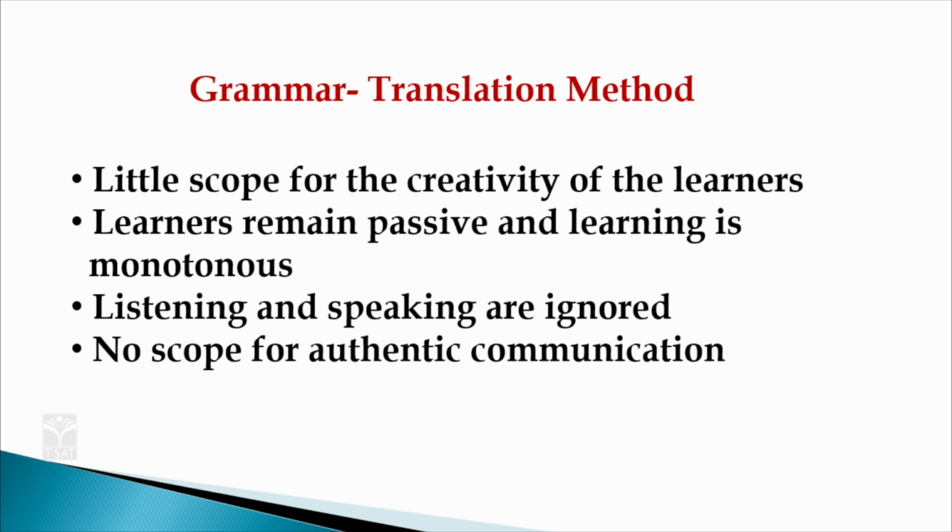The first one is there is little scope for the creativity of the learners. The teacher controls the classroom, the teacher assigns the tasks, the learners have to translate the literature into the target language, and the teacher is the authority, and learners remain passive and learning is monotonous.